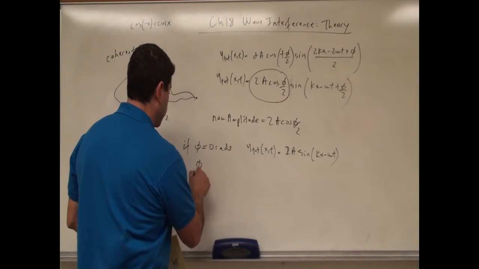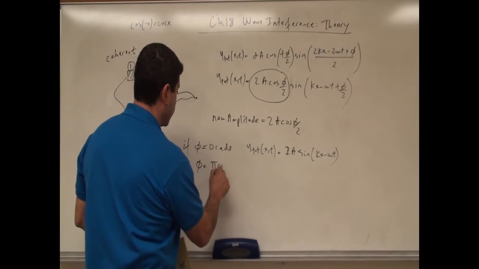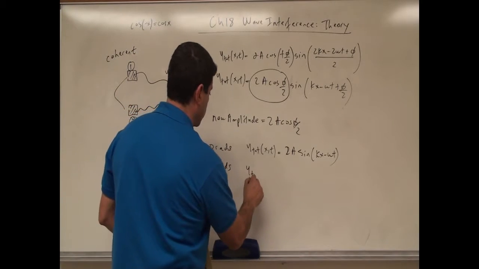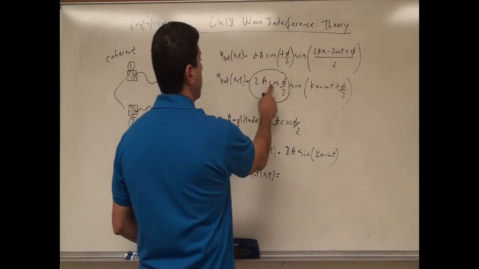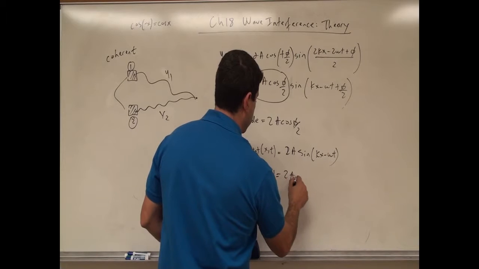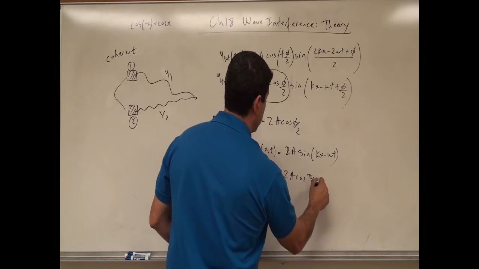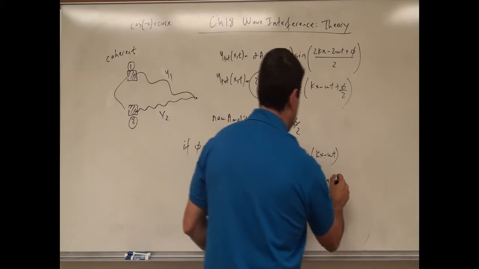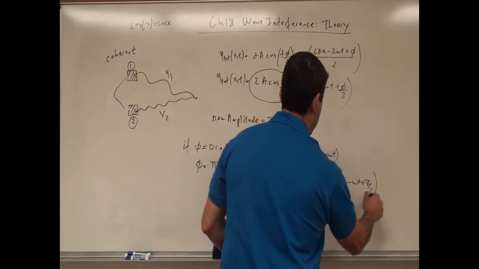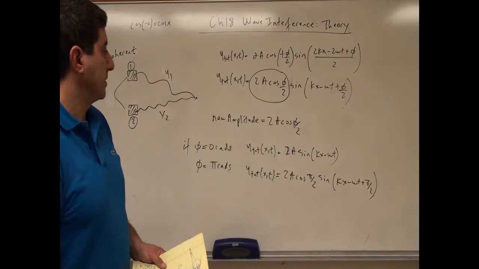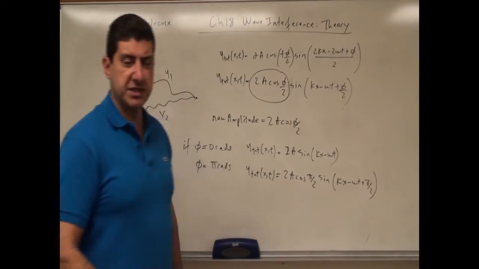Now, if the phase angle is pi rads, what's going to happen? Y total x of t is going to be what? 2a cosine of pi over 2 sine of kx minus omega t plus pi over 2, right? Well, cosine of pi over 2, that's 90 degrees, right?